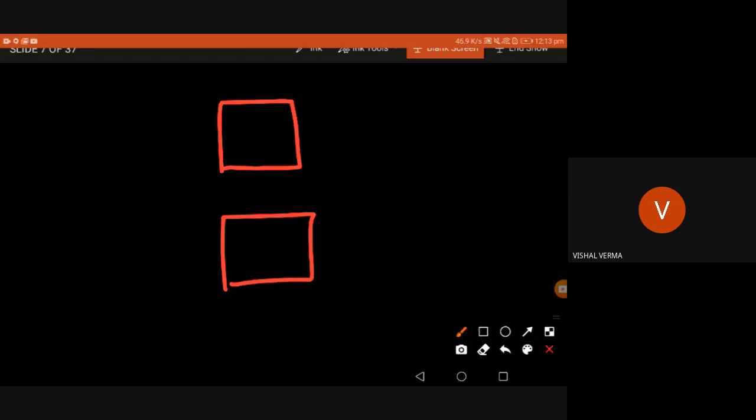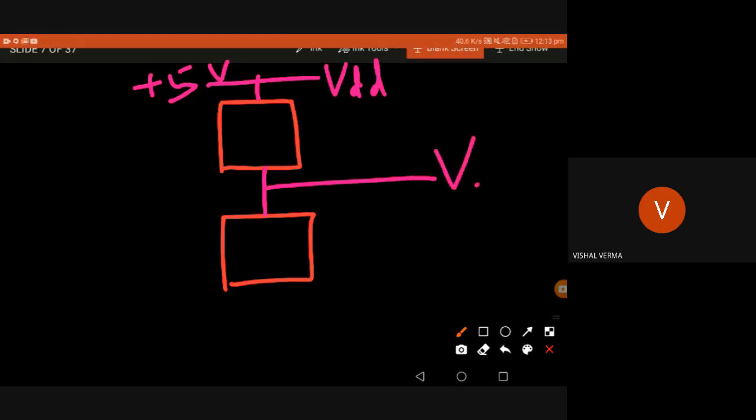Because this network connects the circuit to VDD, the plus 5 volt supply voltage, and that circuit is connected to my V output. This part of the circuit, connected between VDD and V out, tries to drive the V output to high voltage, and is called the pull-up circuit.